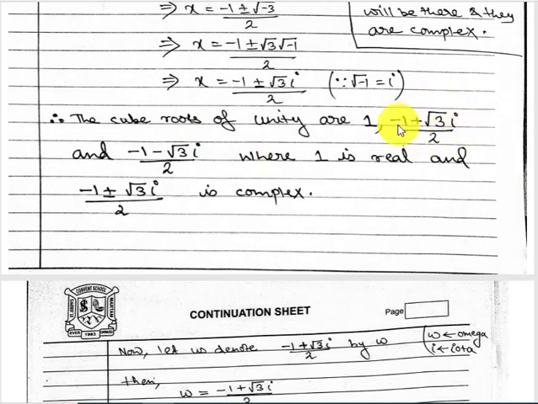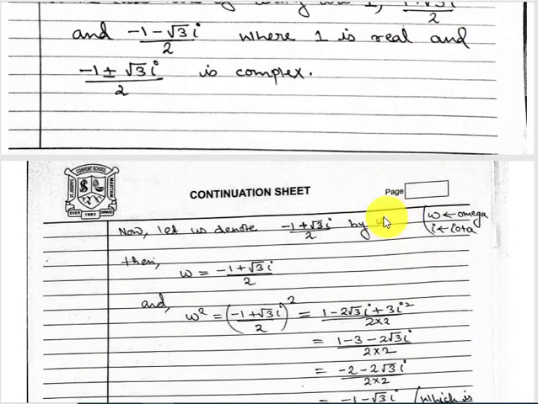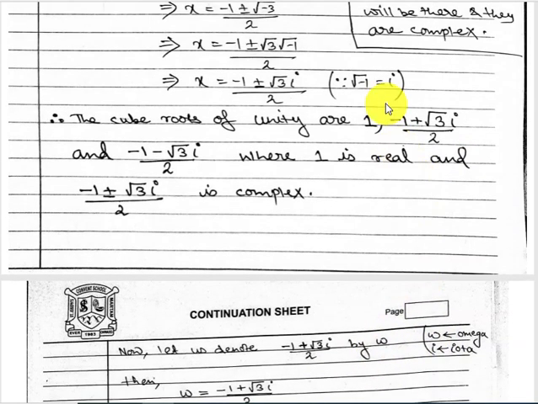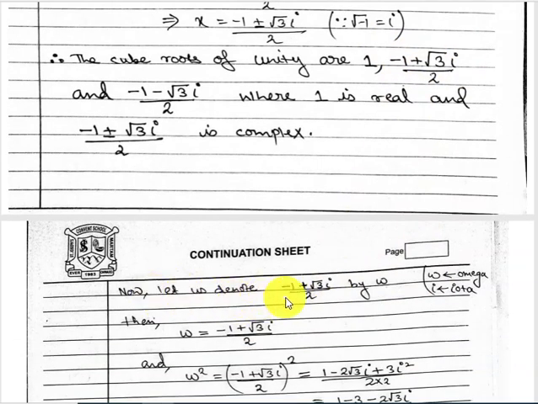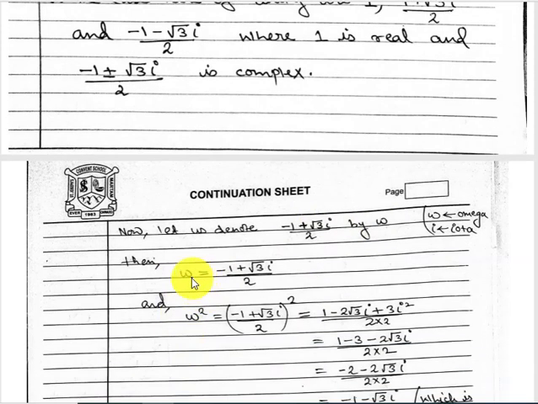I denote this root by omega. This is how we write omega. So in place of this I'll write omega, so omega is equal to this.